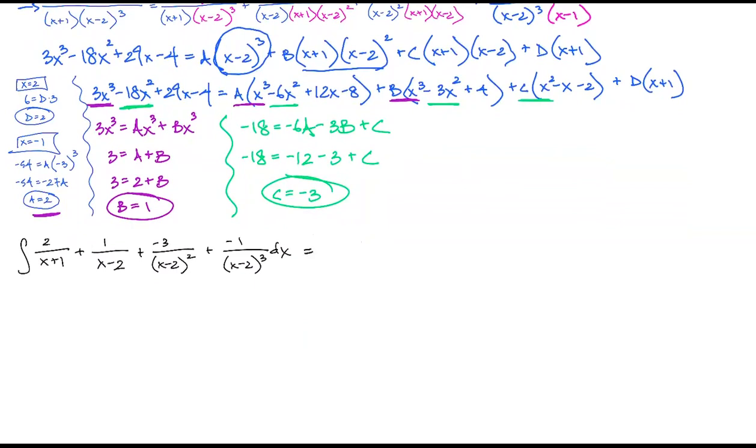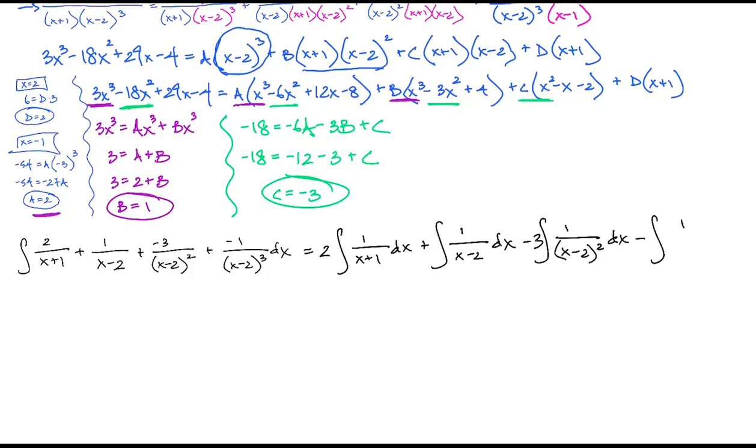So maybe you jump right to 2 times the integral of 1 over x plus 1 dx, plus the integral of 1 over x minus 2 dx, minus 3 times the integral of 1 over x minus 2 squared dx, minus the integral of 1 over x minus 2 cubed dx.